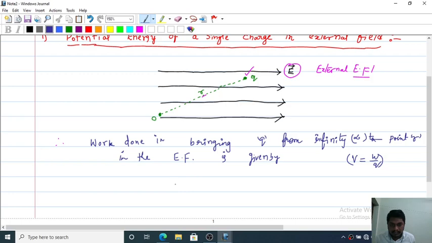So W, the work done in bringing only one charge, is equal to Q times V of r, where V of r is the electrical potential due to the external field at the distance r where the charge q was brought. This will be the work done in bringing a single charge from infinity to a point r in the external field.